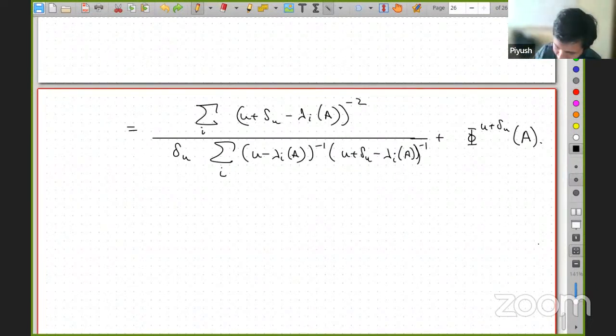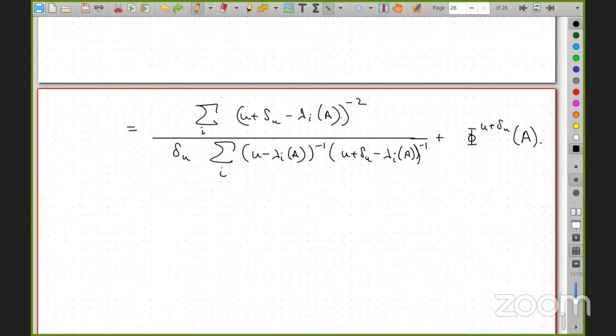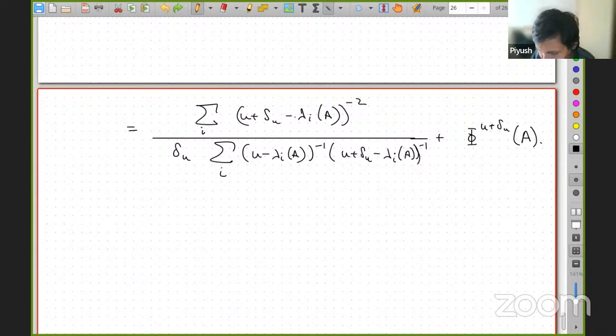If you notice, each term in the numerator is positive. I want to compare the numerator to the denominator. Is the numerator smaller or the denominator? Just look at it term by term.